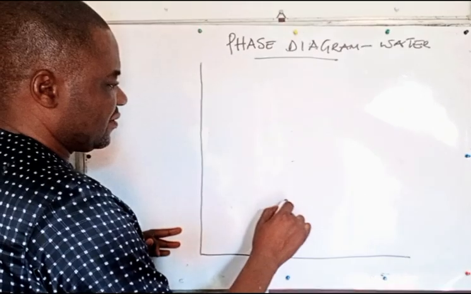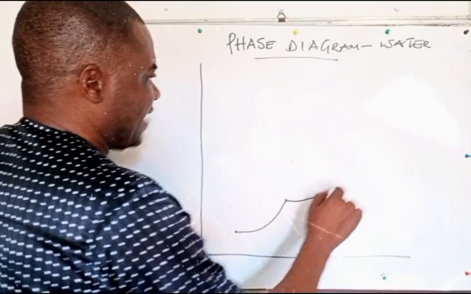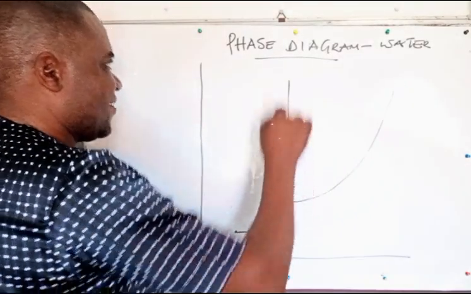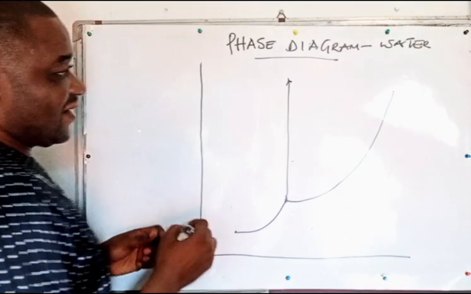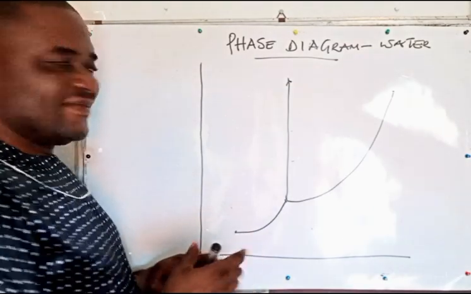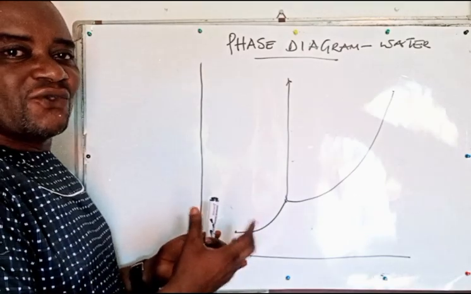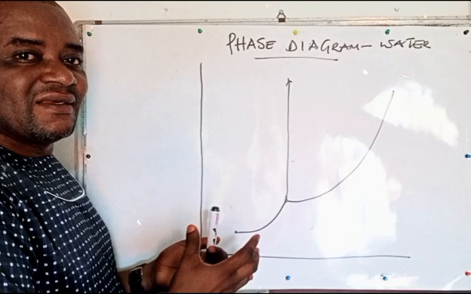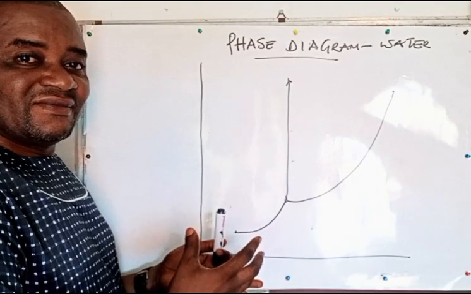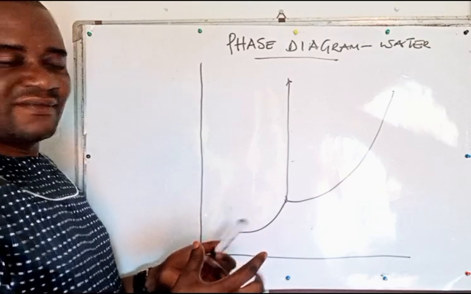We have a curve this way, another one this way, and then another one this way. This is how a phase diagram for water looks. And we're going to do some little labeling to bring us to an understanding of what we mean by changes in phases of water when there are influences in terms of temperature and pressure.